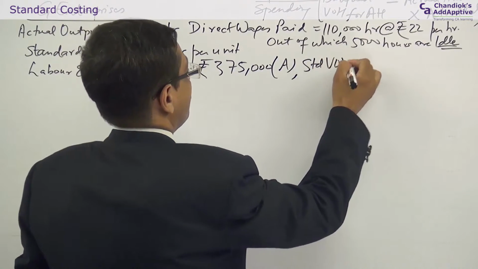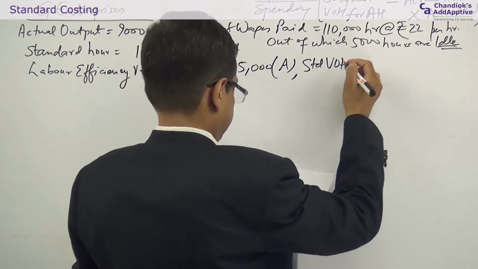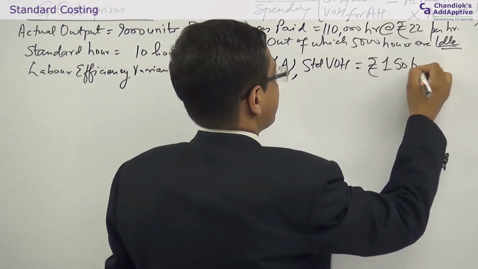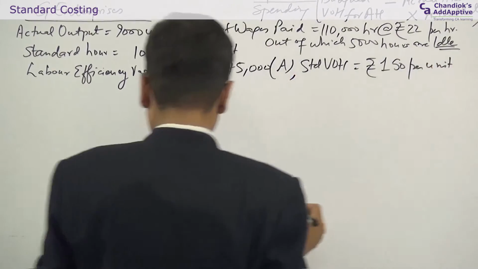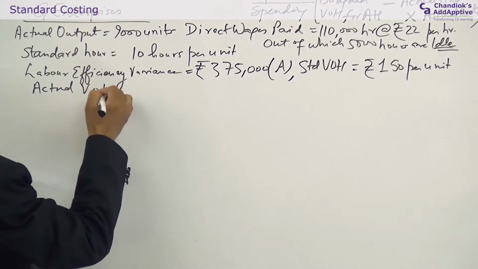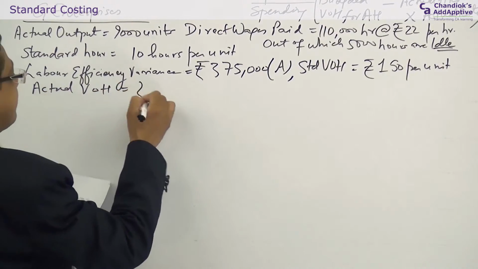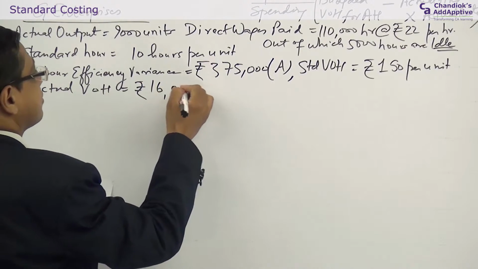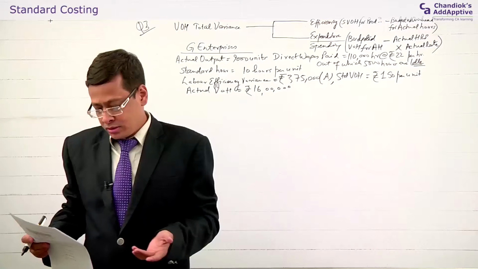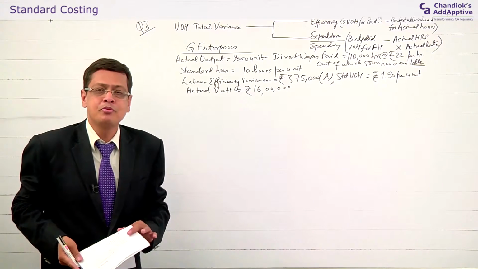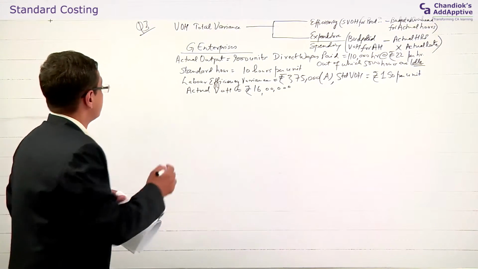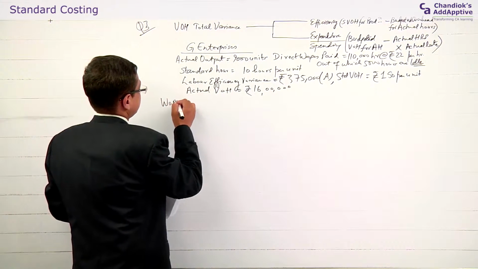Standard variable overhead is rupees 150 per unit and actual variable overhead at rupees 16 lakh. So, these inputs are provided. So, how will we proceed? We are creating a working note, which is the basic computation.